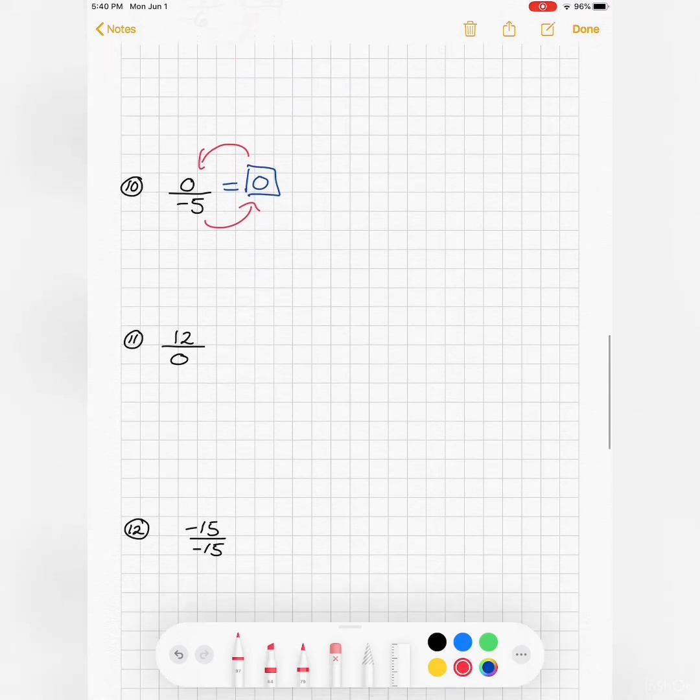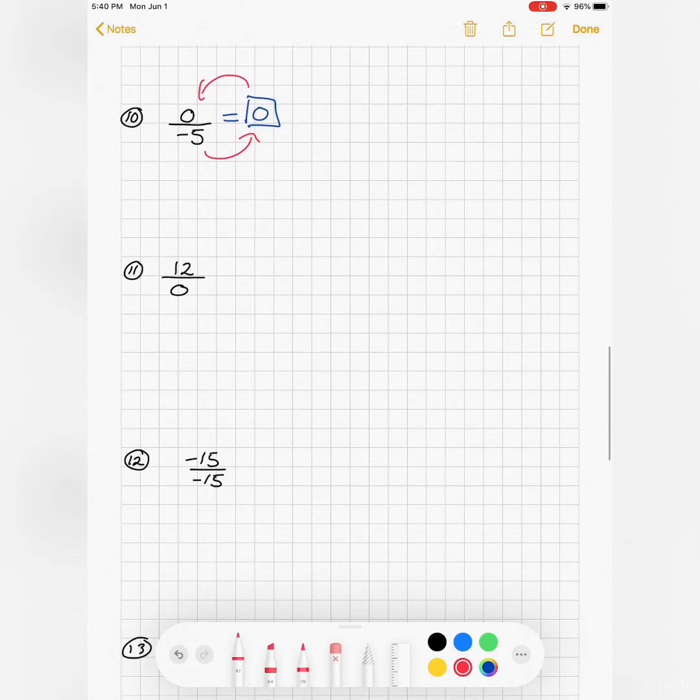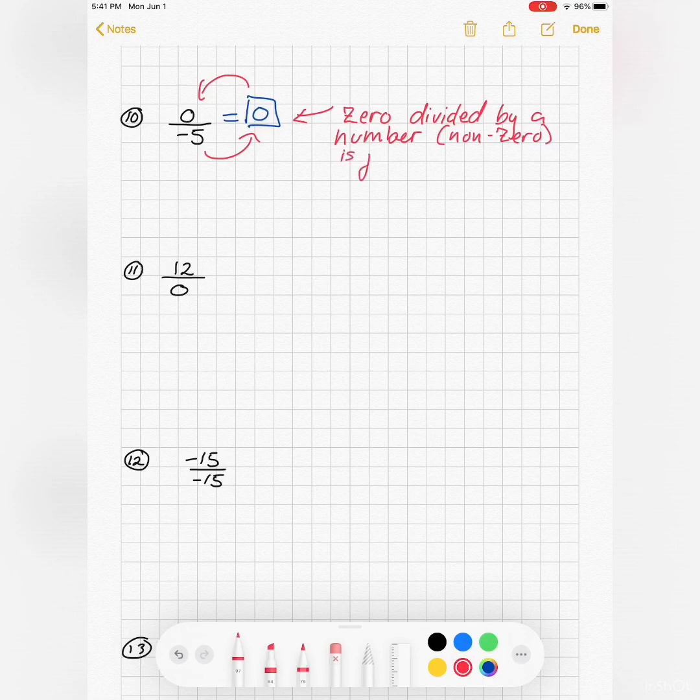Okay, so should I write a little rule? 0 divided by a non-zero number. Now, we had 0 divided by 0. That's a special case. So 0 divided by a number that's non-zero is just 0.